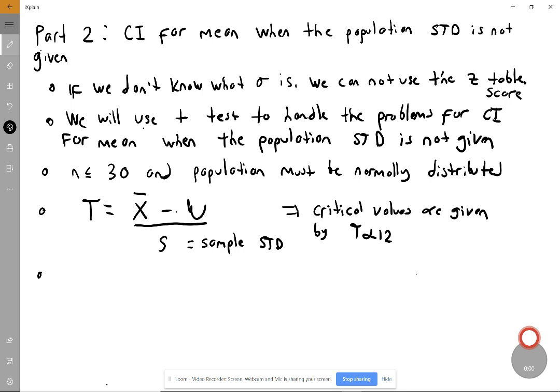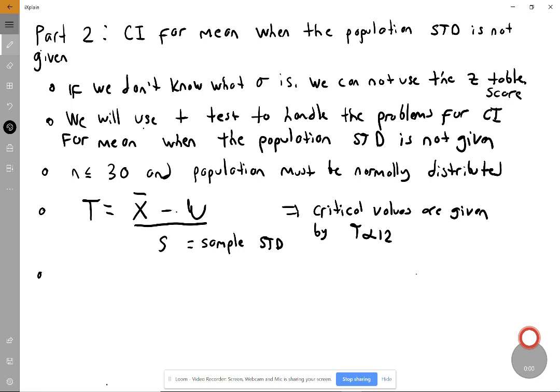But again, I want to mention that the sample size needs to be less than 30. So you have to consider that condition. The sample size needs to be less than 30, and the population must be normally distributed so that you can compare the means of two different groups.